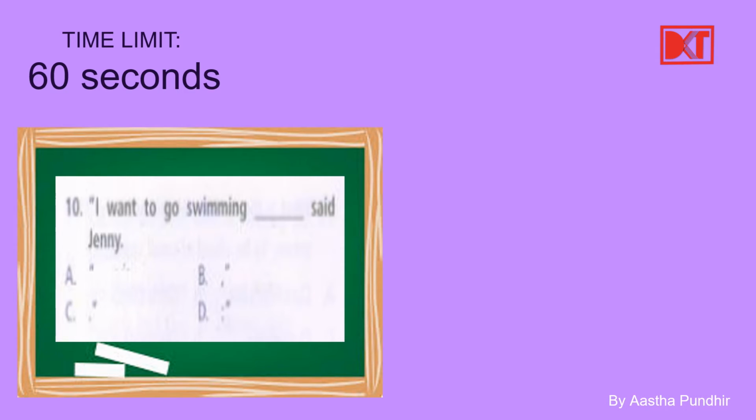Okay, next. I want to go swimming, said Jenny. Now here you have to fill in the punctuation. Let's see. Here the quotation marks are starting. So the quotation marks start and then they end when whatever they have said, their quote, is over. And after someone has said something and we use said, between that we use a comma.